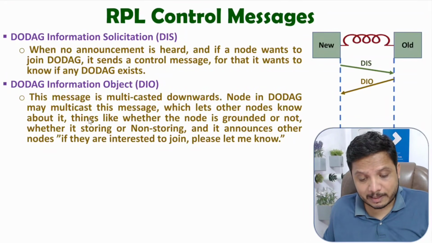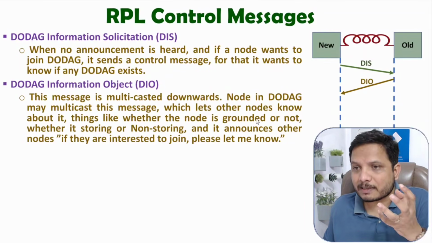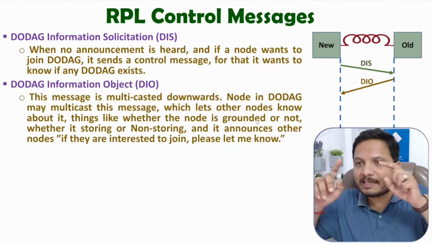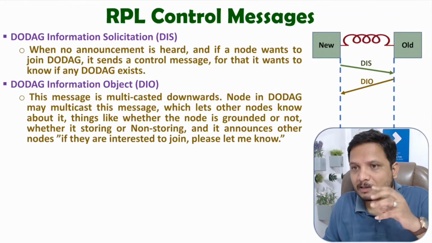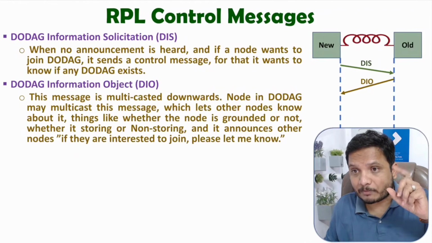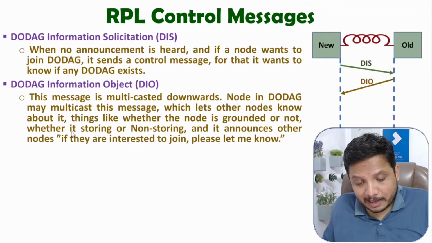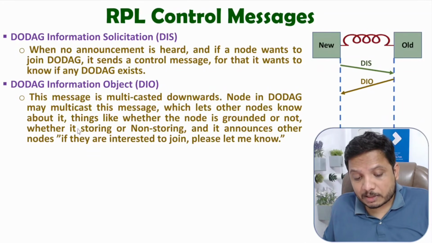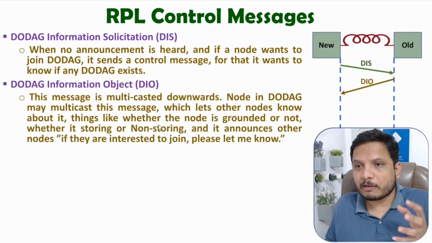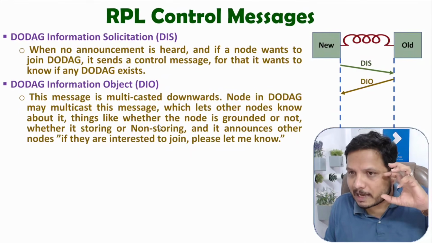In that message, there will be some information, like whether the root node is grounded or not. Grounded means whether the DODAG network is established or not. Besides the terminologies I have explained, there is other information, like whether it is storing or non-storing. Storing means whether a routing table is established or not.